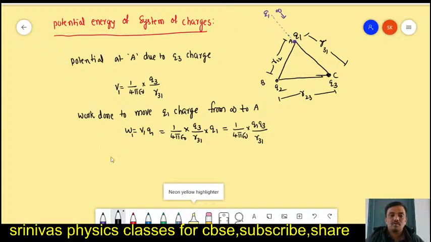Next we have to move the Q2 charge from infinite to some point. For example, the Q2 charge is initially at infinite distance.